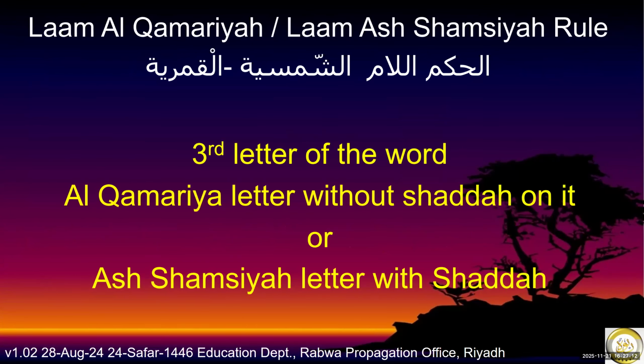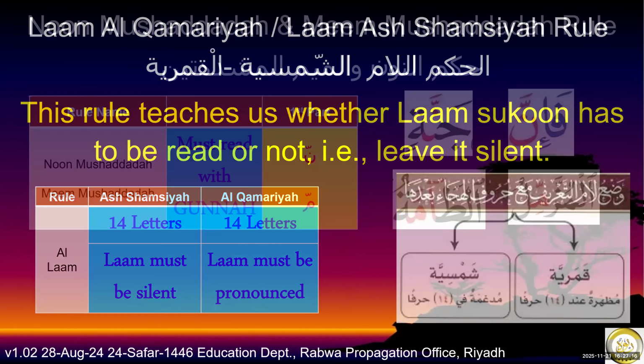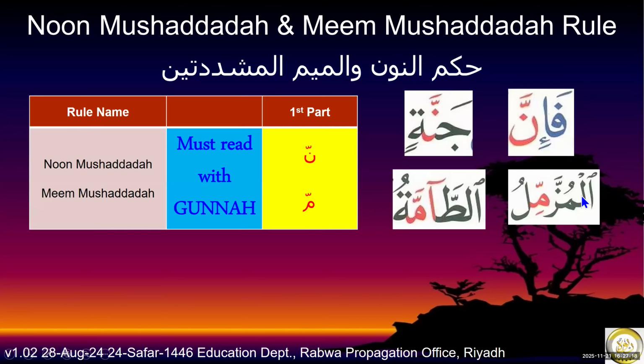If you see here, what is the first letter? Hamza, Hamzatul Wasal. Hamzatul Wasal has a small swad on it. So it is not Fatha, it is not Kasra, it is not Dhamma. So you must give Fatha to it with the sound of Fatha.